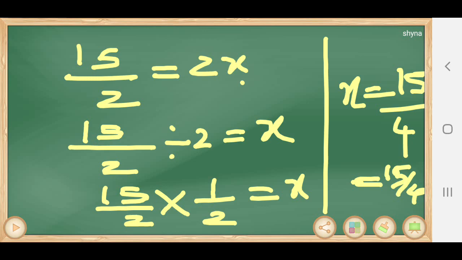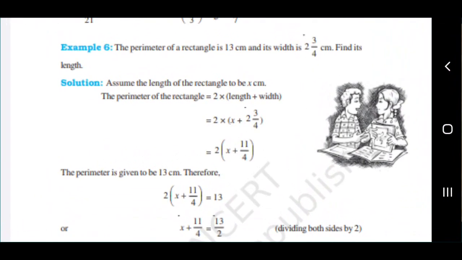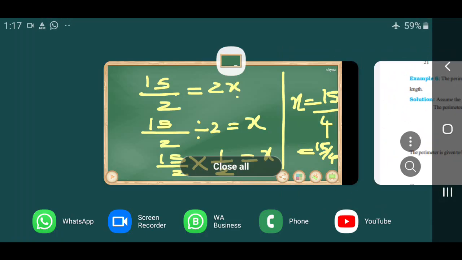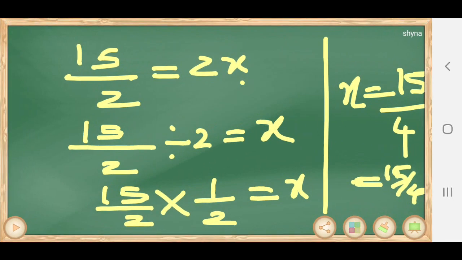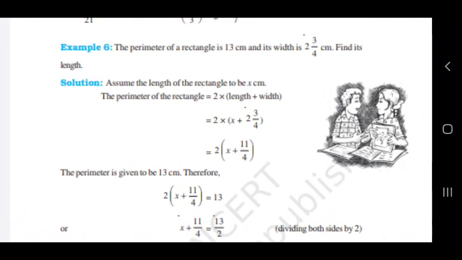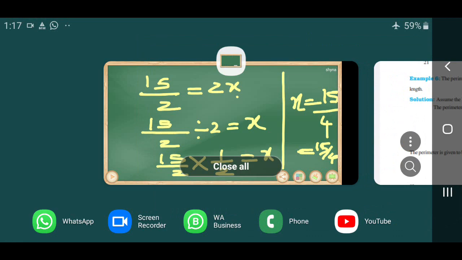Okay, the question asked in centimeter, so 15 by 4 centimeter. Yes, now we can move to the next problem.